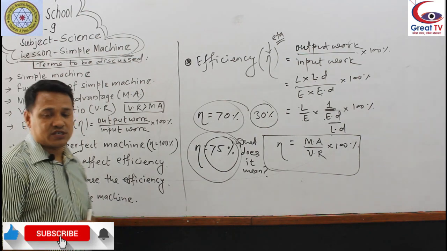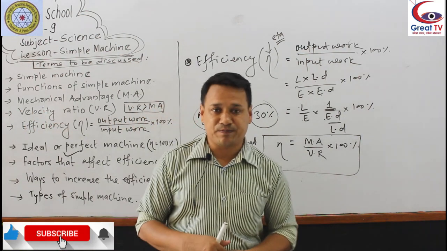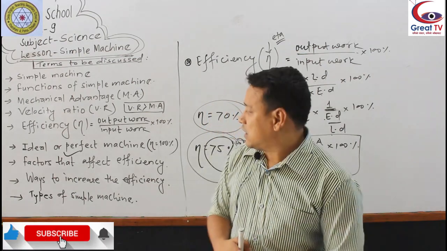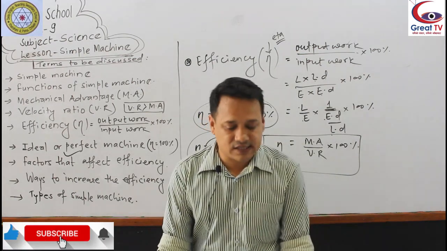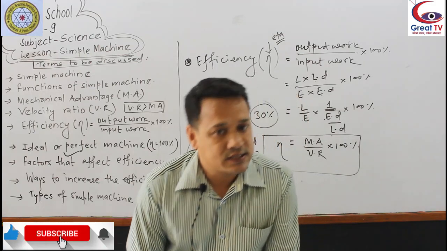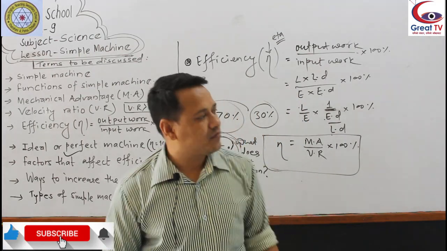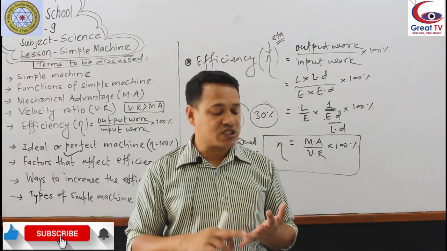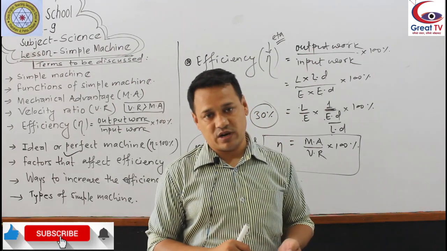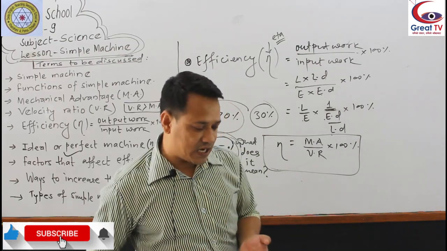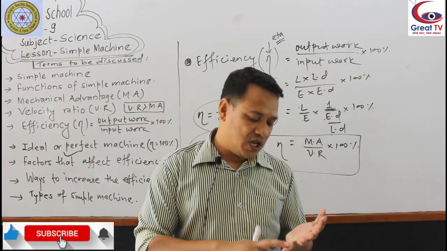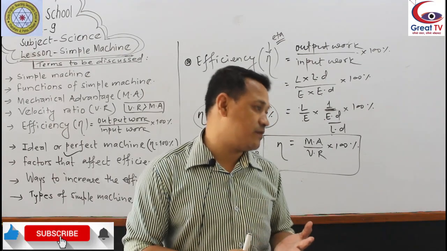Now we are going to discuss the types of simple machine. Types of simple machine in class 7, 8 you have also read. Same: lever, pulley, wheel and axle, screw, wedge, etc. In class 9, we have to discuss the lever, pulley, wheel and axle, and inclined plane.